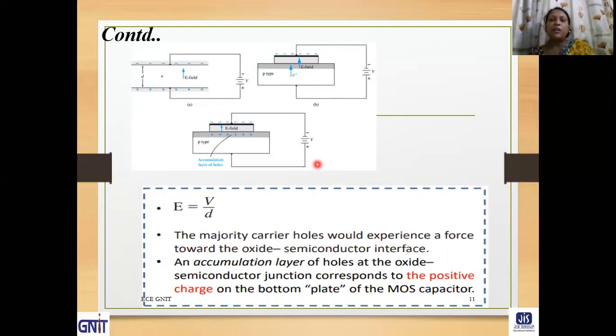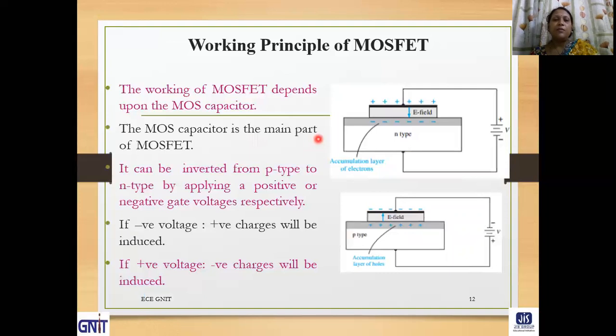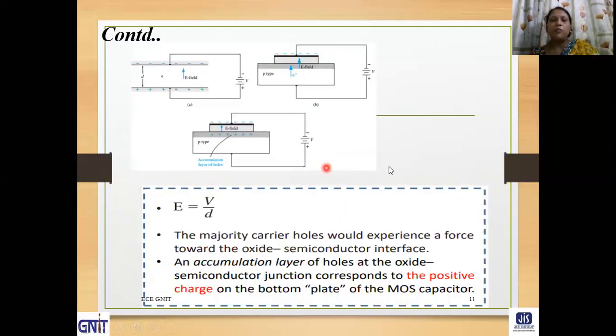But if the gate voltage is positive, then this side would be positive and the induced charges will be negative. Here we can see the different phenomenon. As positive voltage is applied at the gate terminal, the accumulation layer consists of electrons, whereas previously the accumulation layer consisted of holes.